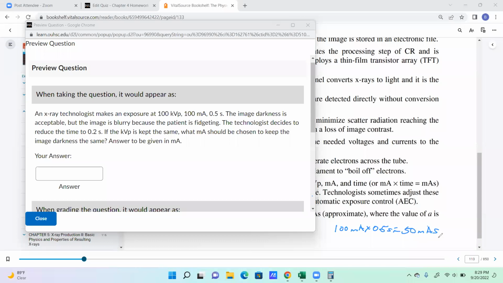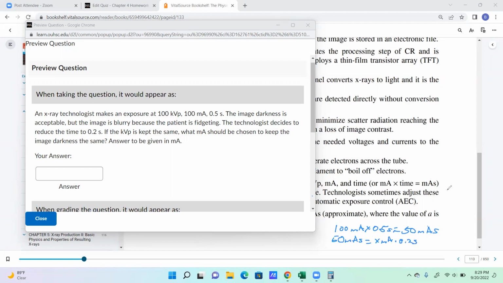We know that we're going to end up with 50 MAS because we want the output to be the same. So in order to do that with the new value that we have, we're going to have the X number of MA, which we don't know, and we're going to multiply it by the time, which is 0.2 seconds.